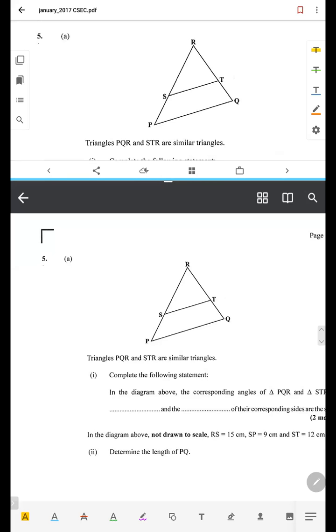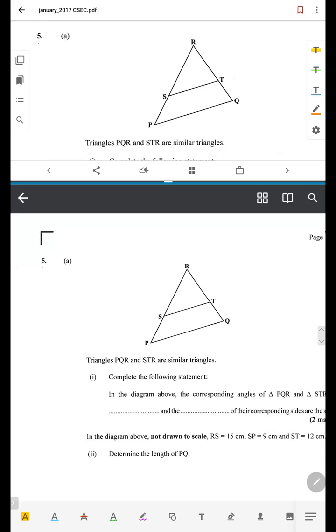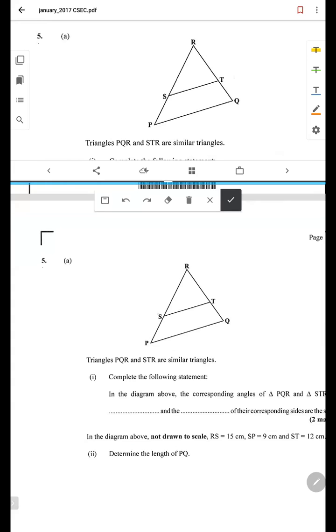So it means that this triangle up here is similar to the triangle inside here. When you have similar triangles, the ratio of the corresponding sides are equal, and also the three angles are equal. All right.